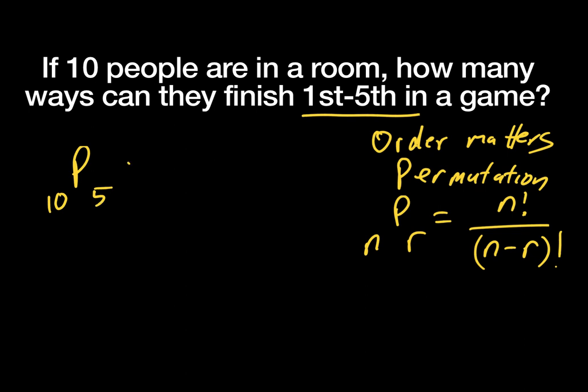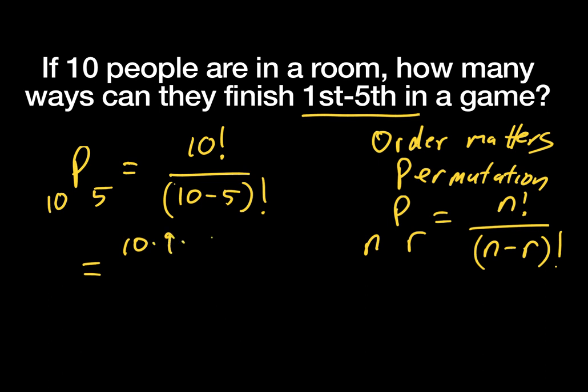So then this would be equal to 10 factorial divided by 10 minus 5 factorial. And factorial means 10 times 9 times 8 times 7 times 6 times 5 times 4 times 3 times 2 times 1. I apologize that I'm covering up my own n there.